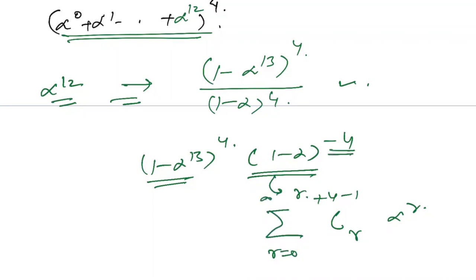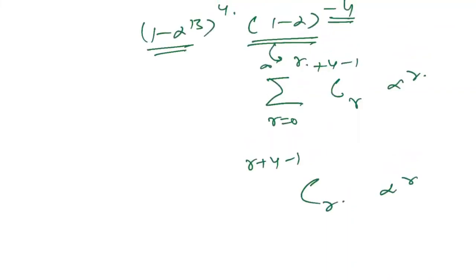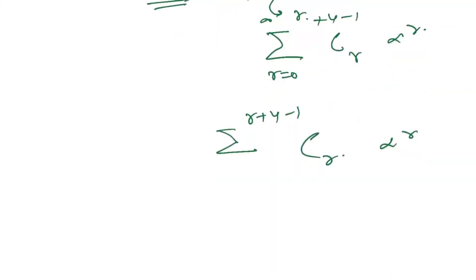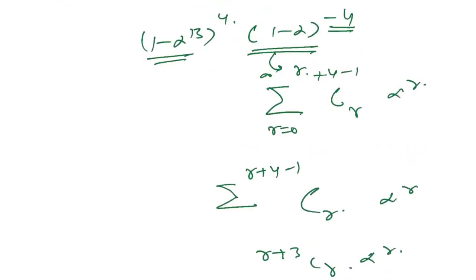For this case, minus 4, I'm taking as plus 4. So this is alpha to the power r, CR, with r plus 4 minus 1, that's r plus 3. So this is coming as (r plus 3)CR alpha to the power r.